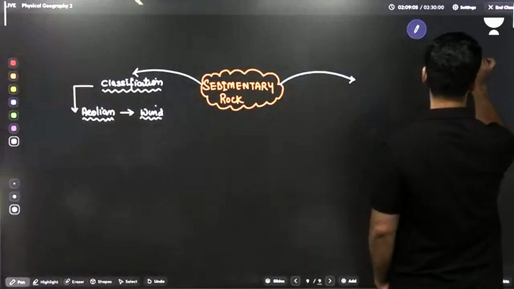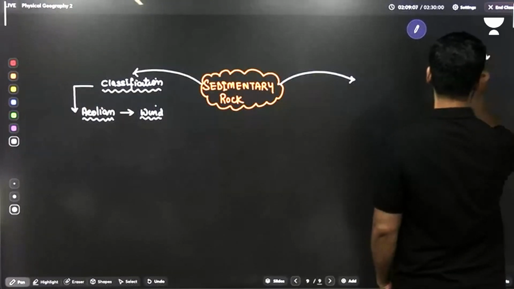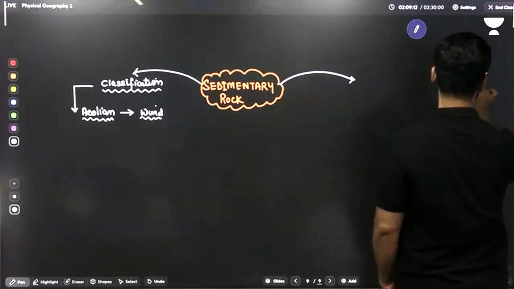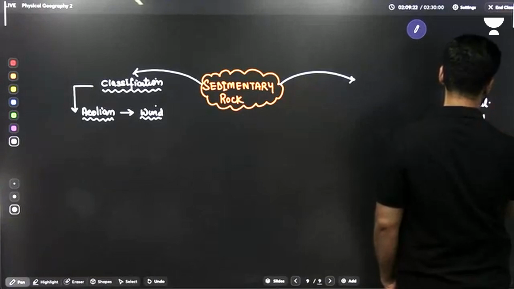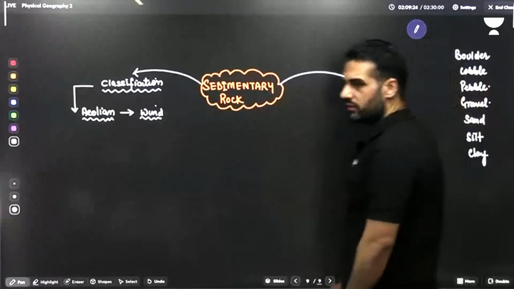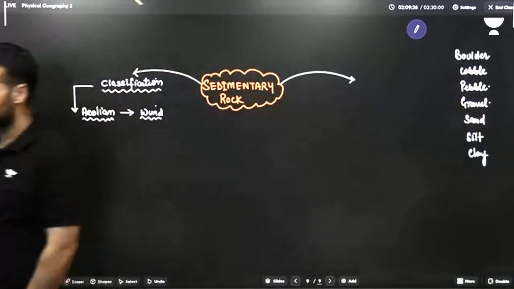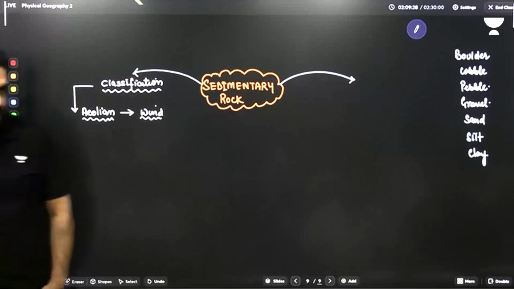sediment was what? Boulder, cobble, pebble, gravel, sand, silt, clay. Assume if river Ganga is tumbling down from the steep slope of mountains.